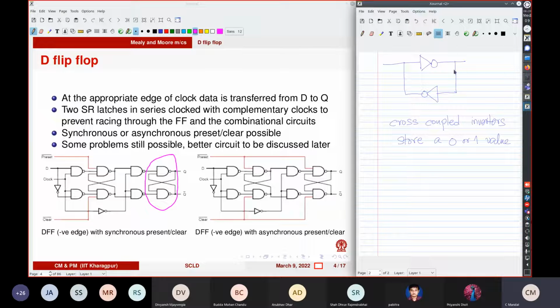Instead of a NOT gate, what if you were to put a NAND gate? Okay. So instead of a NOT gate, you can put a NAND gate here.